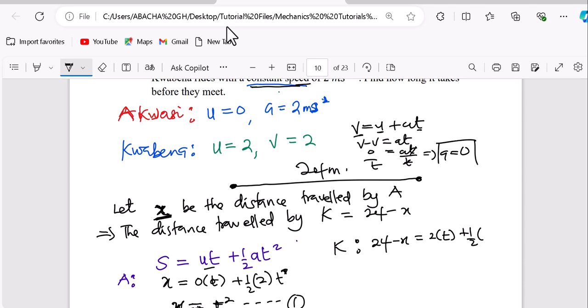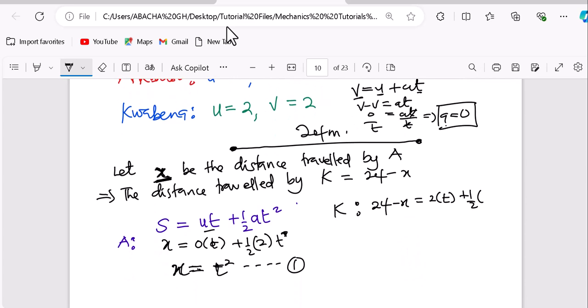So whenever speed is constant, acceleration is 0. Putting 0 inside the formula, we have 0 times t squared, so this term goes to 0. So we have 24 minus x equals 2t. We can call this equation 2.